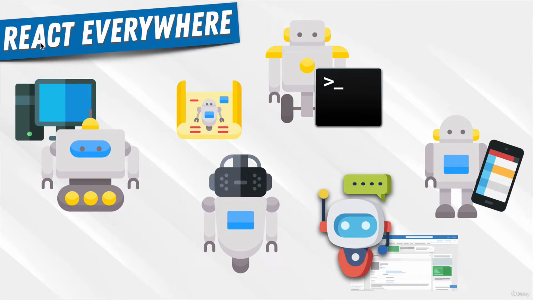And because of this, React was able to use this concept and have developers that originally just wrote for websites on the browser now use the same idea and the same principles and the same JavaScript code to build desktop applications, to build VR applications, to build mobile applications.